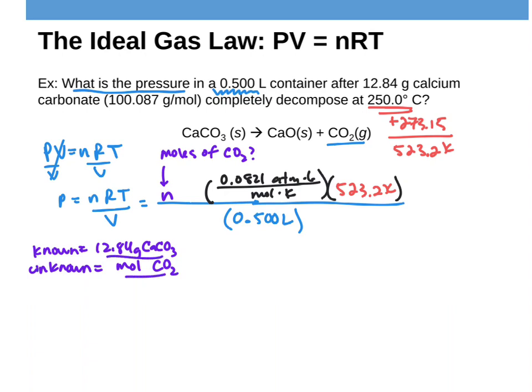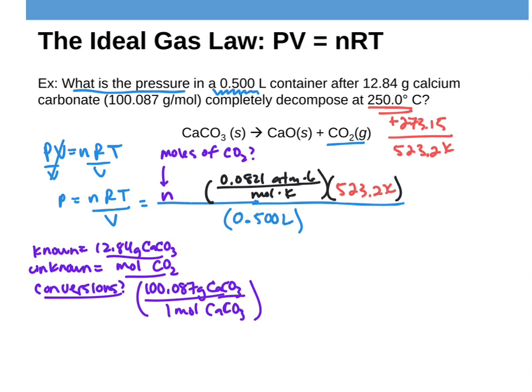And what conversion factors might I need? Well, I've got a mole. They gave me a molar mass: 100.087 grams of calcium carbonate are in 1 mole of calcium carbonate. That was just given in the equation. I could have figured that out by adding carbon, calcium, and 3 oxygens.